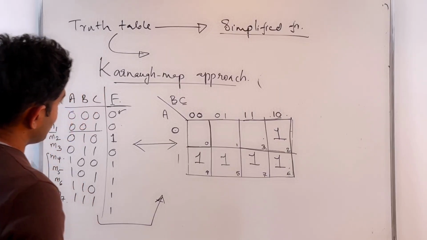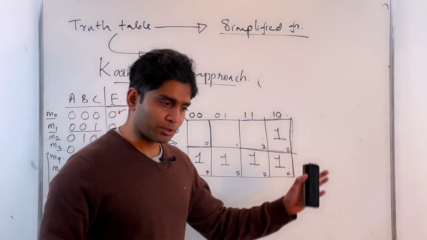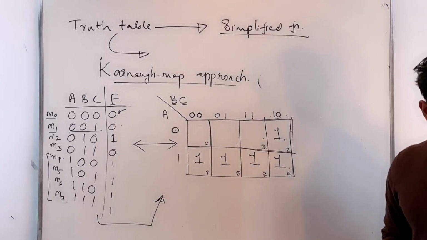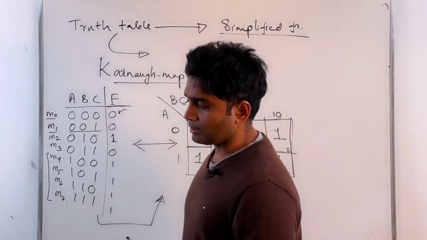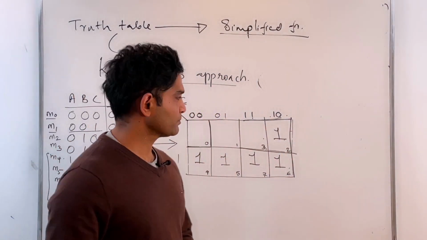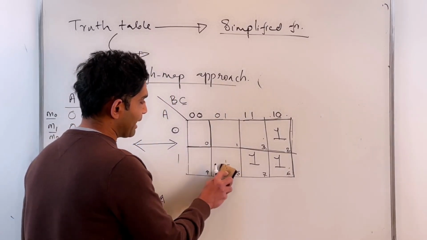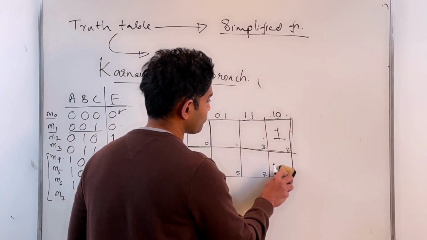All right. Now, before we actually start executing the simplification process, let me describe what this K-map actually does. What really happens in this approach? As I mentioned before, let's take a simpler example. We'll come back to this later. For now, let's examine what's happening.